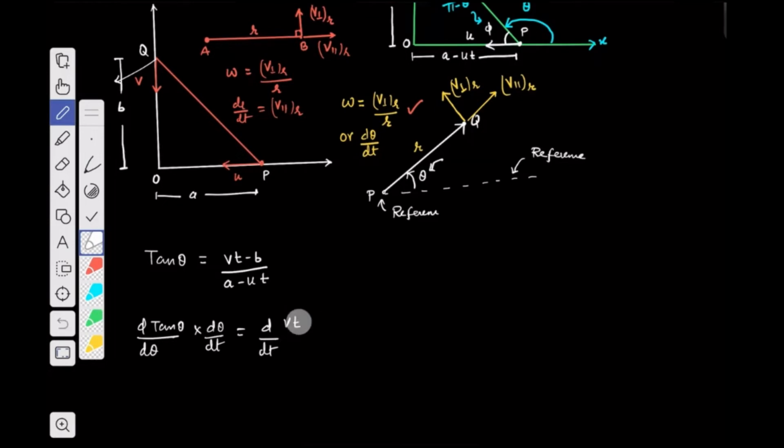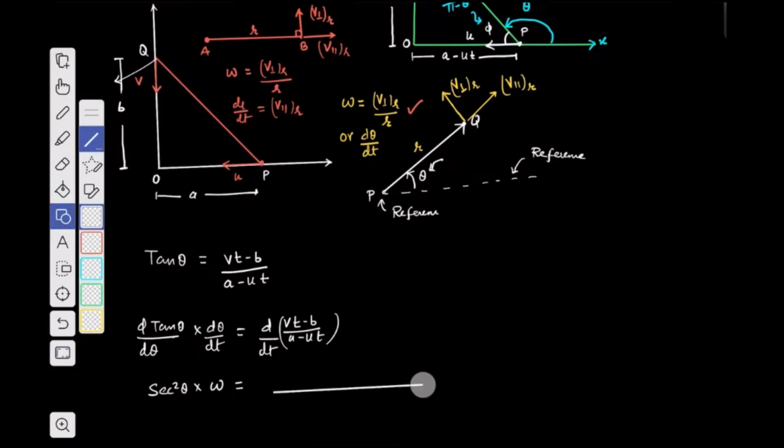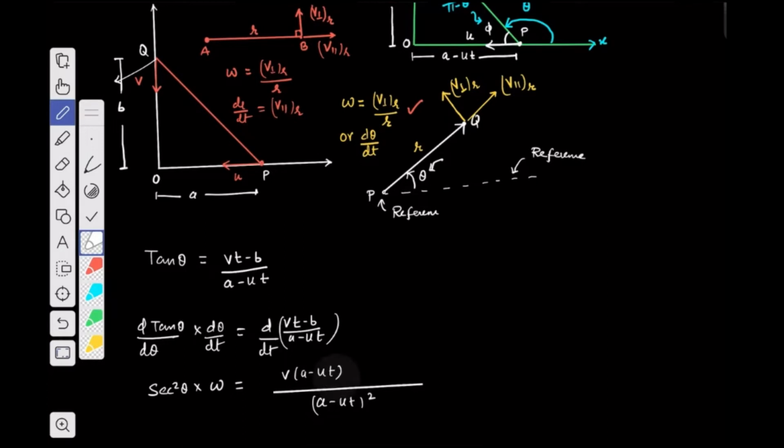Everyone can do that. You will be applying the quotient rule here. Is it not? So this will give us secant square theta into omega. That is what we wanted to find. And differentiation of this one, denominator we square it up, it will become (a minus ut) square. Then we get v into (a minus ut) minus (minus u) into (vt minus b). Check the calculation, anything wrong, you tell me then.